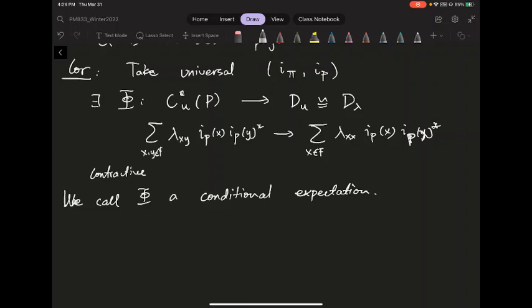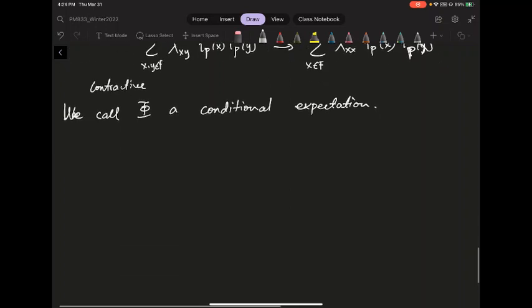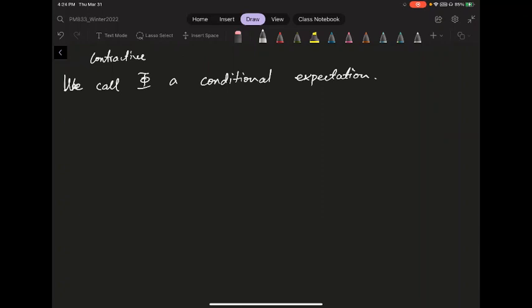All right, so the roadmap for proving this technique of proving things are nuclear is now inside this picture. I have the universal one, C star U of P. I know I can always have an onto homomorphism onto the reduced C star algebra, because the universal one takes the direct sum of all the representations.